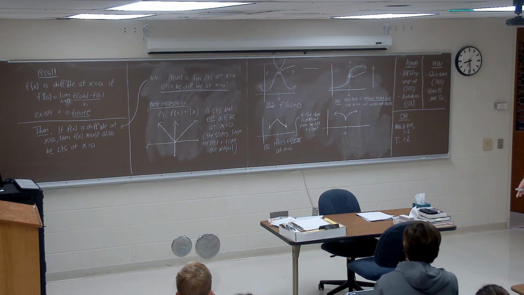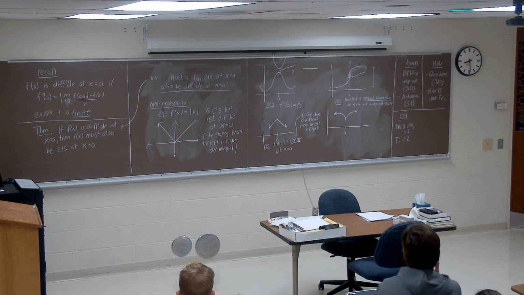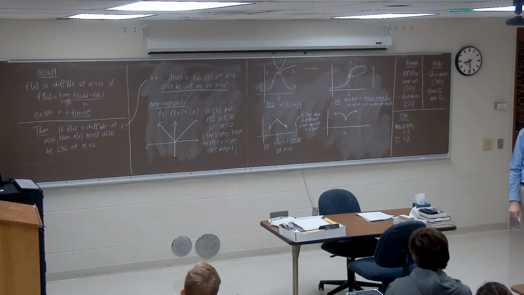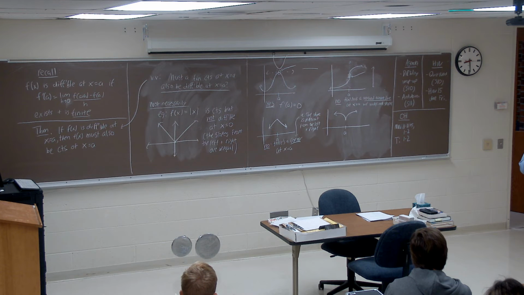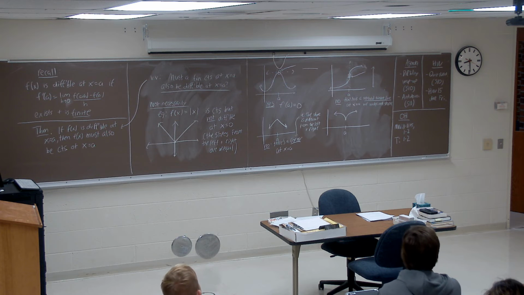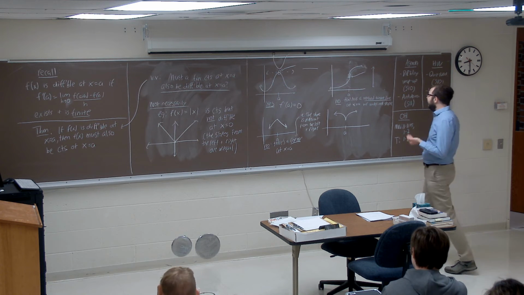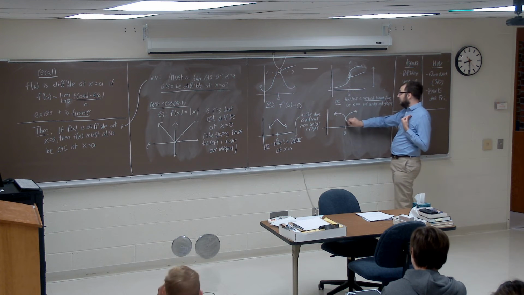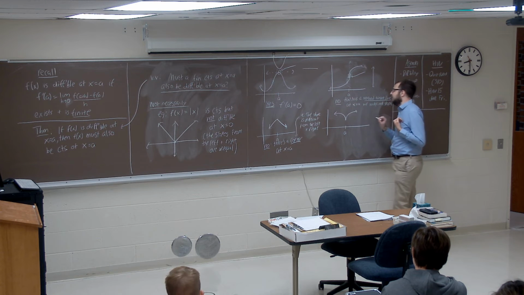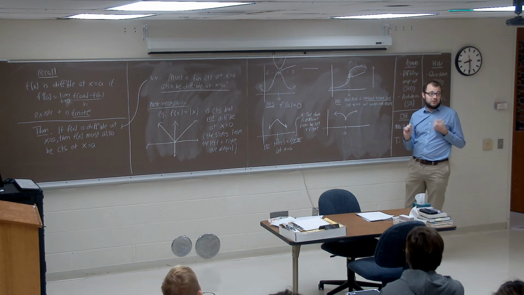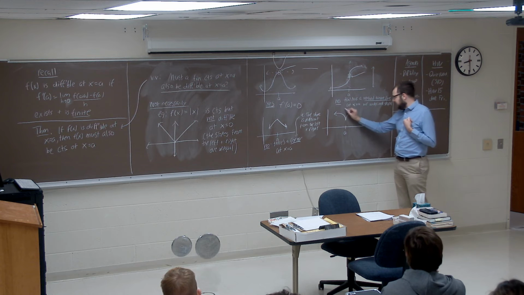Elaborate. I guess with a corner you get two lines basically with constant slope. With the cusp you've got curvy slopes. It's sort of related to that. What I would say is that you have something where the slopes are different from the left and the right, but if you look, what's going to be the slope from the left?